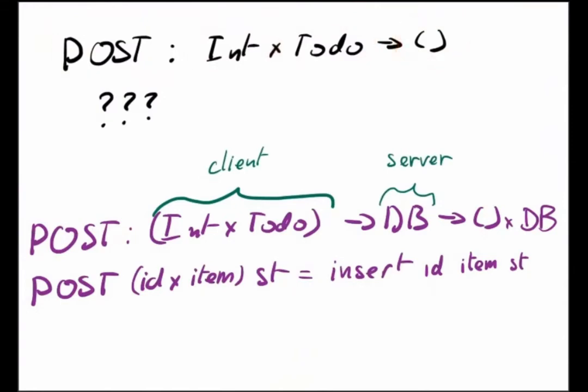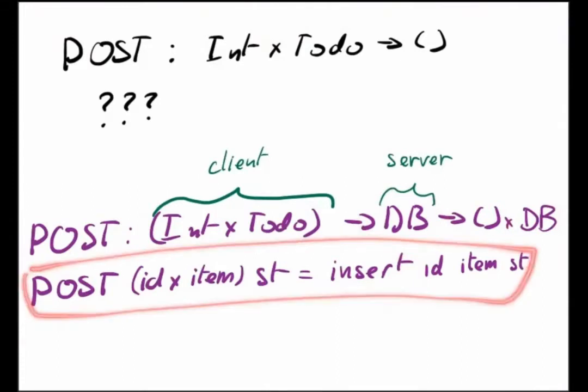It only returns unit. It's a constant function. So again, to fix this, we add some element of state here that we're going to query, and we are also going to add an element of state, which will be the state after the change has been performed. And again, the way this is implemented is as an insertion into the database, or in that case, it's a list.